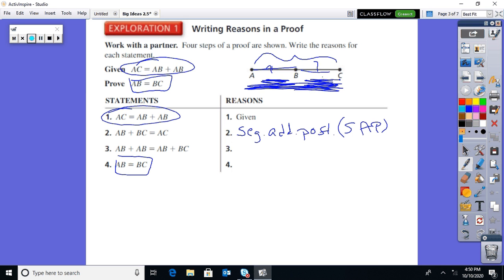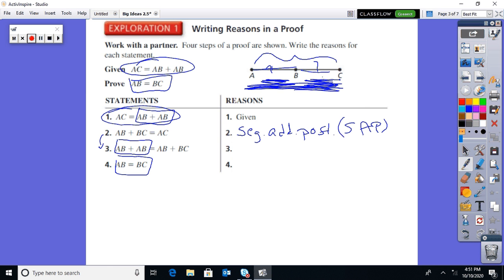Now, what they do from step 2 to step 3. In this one, we have AB plus BC equals AC. Well, think about what happened to each side of the equation here. Let's see. AB plus AB, where did I see that before? Well, I saw that right there. That's the same as that.